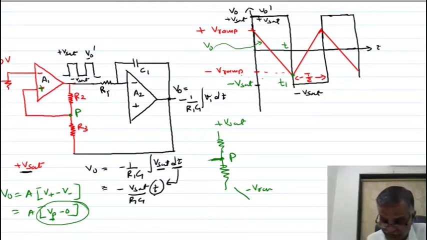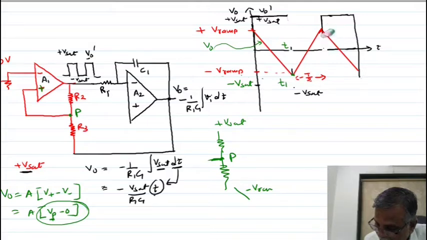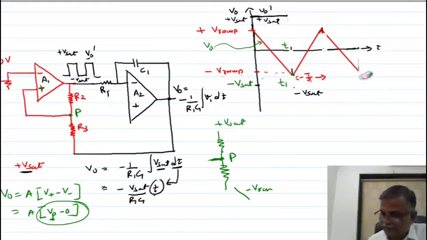If you want to understand very clearly, then let me show it like this. Look again. Suppose initially my output voltage is plus V sat.